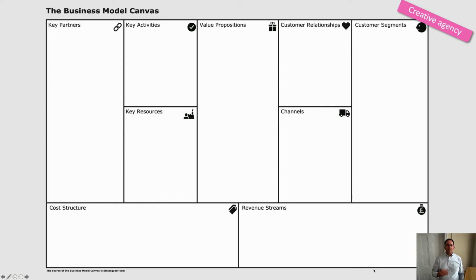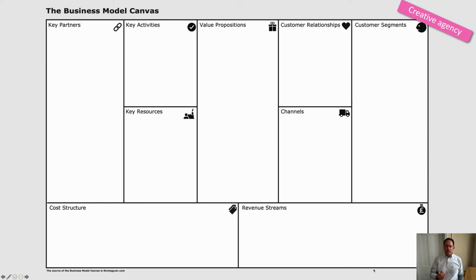What might a business model canvas look like for a creative agency? So I'm going to present this as if this is real. And one of the things I'd like you to grasp as we go through this process is that the business model canvas is a great way of explaining your business to people who don't know it or don't know it well.